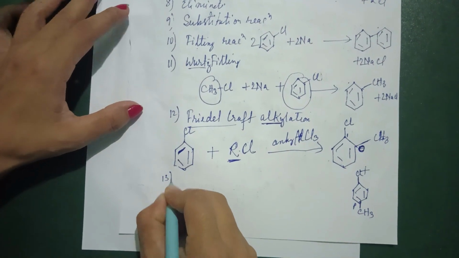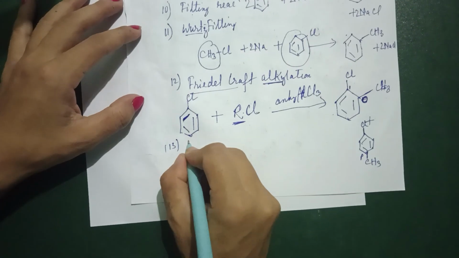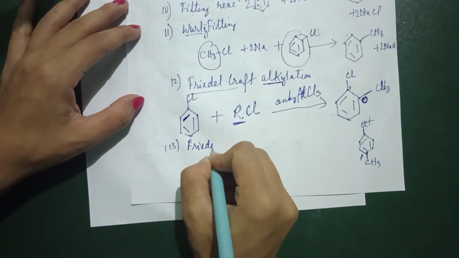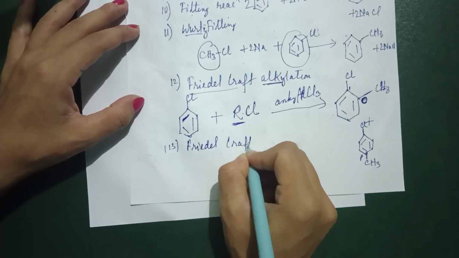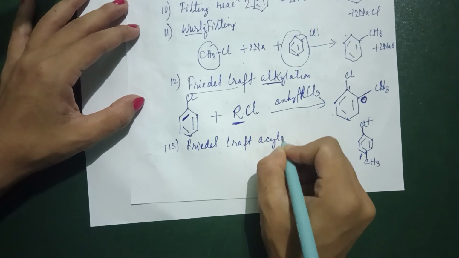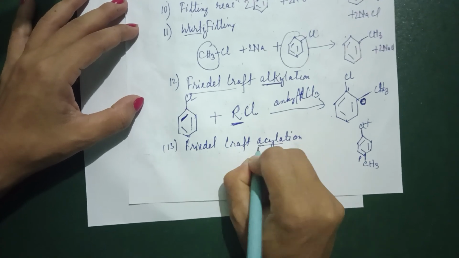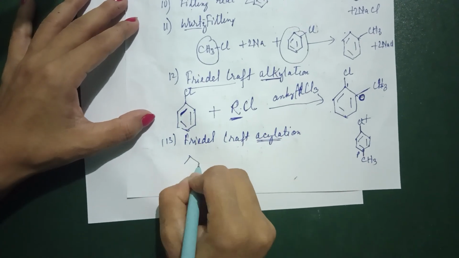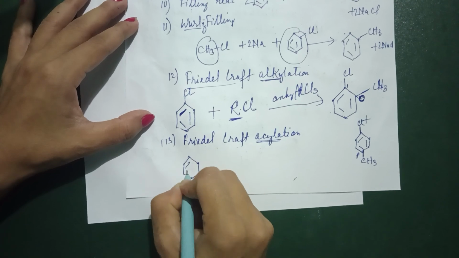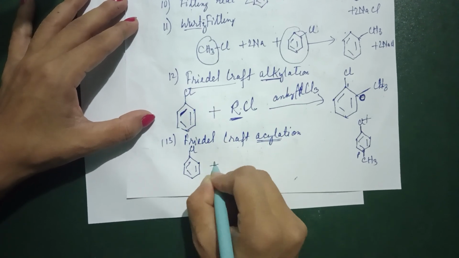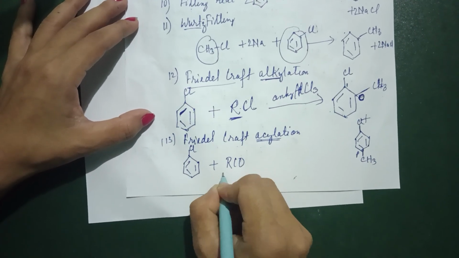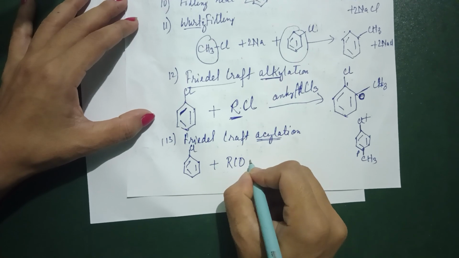Let me do the last one, that is Friedel-Crafts acylation. The student must know what is an acyl group and what is an alkyl group. If you are not clear about alkyl and acyl, you can't do the reaction. So RCl plus, acyl means RCO. This R can be anything, that means any alkyl group.